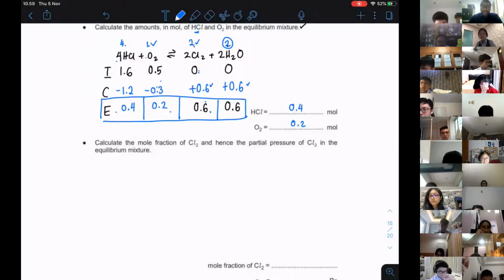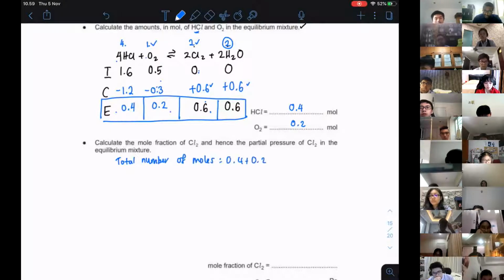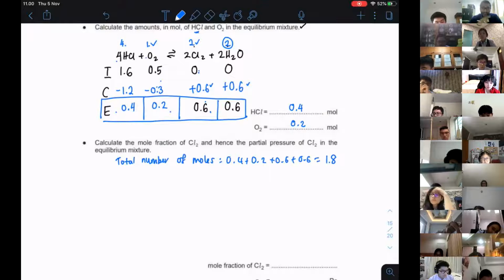So first find out the total number of moles. Total number of moles is going to be 0.4 plus 0.2 plus 0.6 plus 0.6. That's 1.2, 1.4, 1.8. That's 1.8. So if I want to find the mole fraction of Cl2, simple. What is my mole fraction?